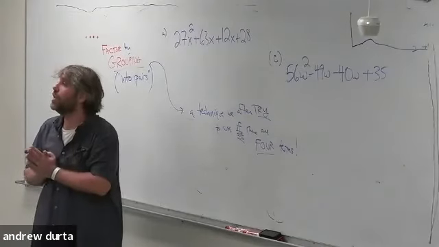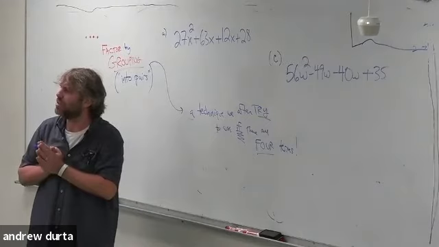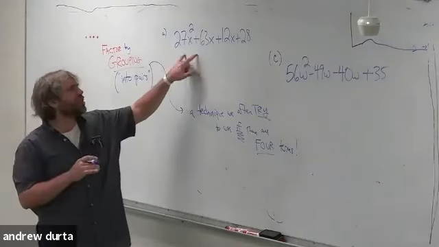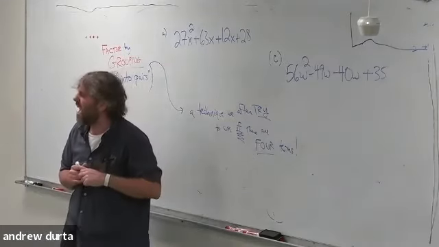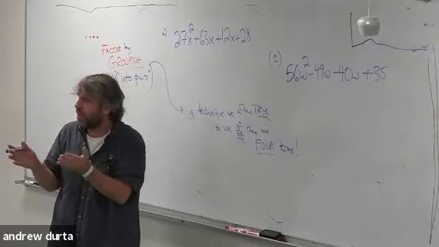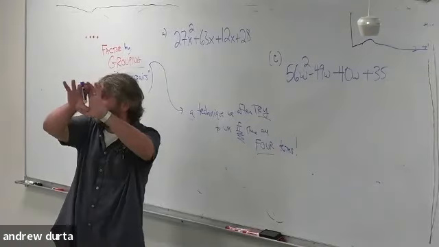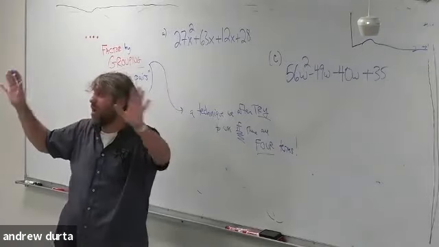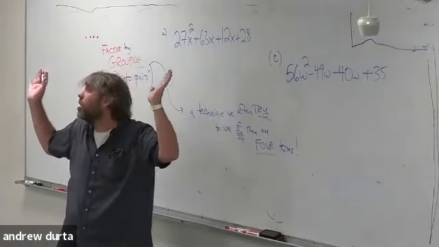And here's how you do it. You group it into pairs, and you look for a GCF of each pair. It seems weird, because usually we tell you to look for a GCF for the whole thing, and if it's there, great, and if it's not, whatever.